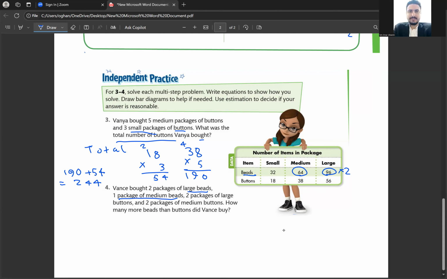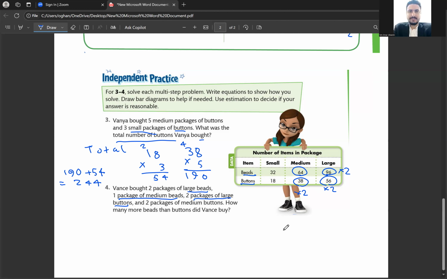This is 1. 2 packages of large buttons, so that is multiplied by 2. And 2 packages of medium buttons. Here's times 2 as well.